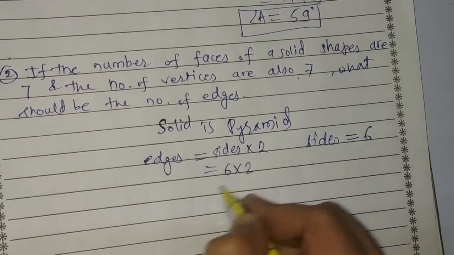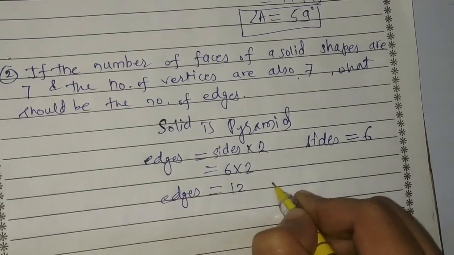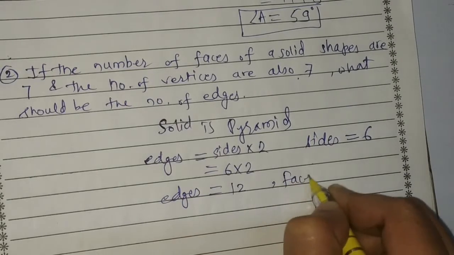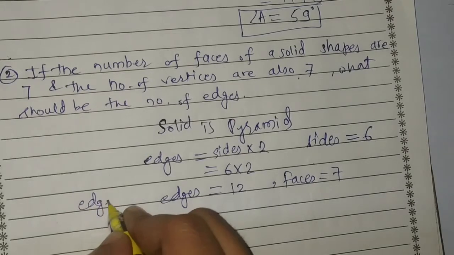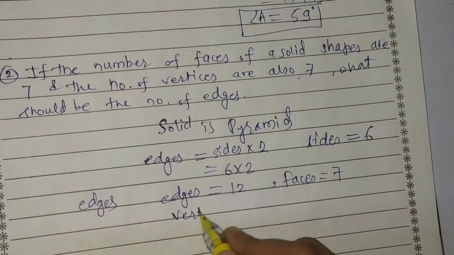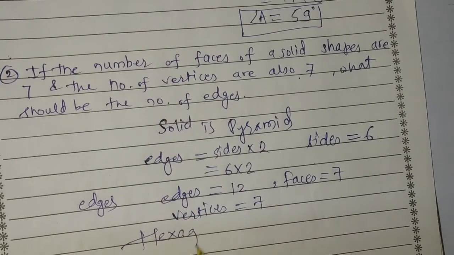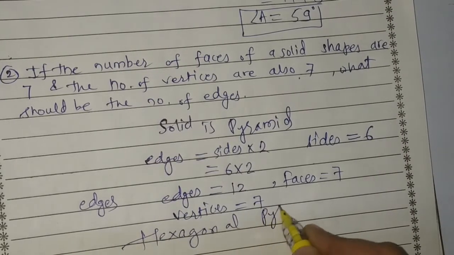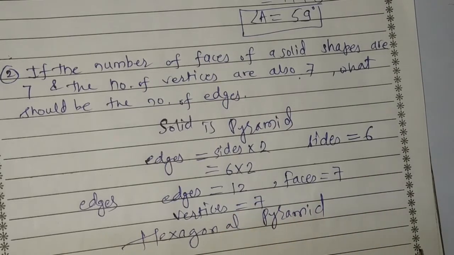So 6 twos are 12. So 12 edges, faces are 7, and the vertices are also 7. So it is a hexagonal pyramid. In a hexagonal pyramid there are 6 triangles and 1 hexagon.